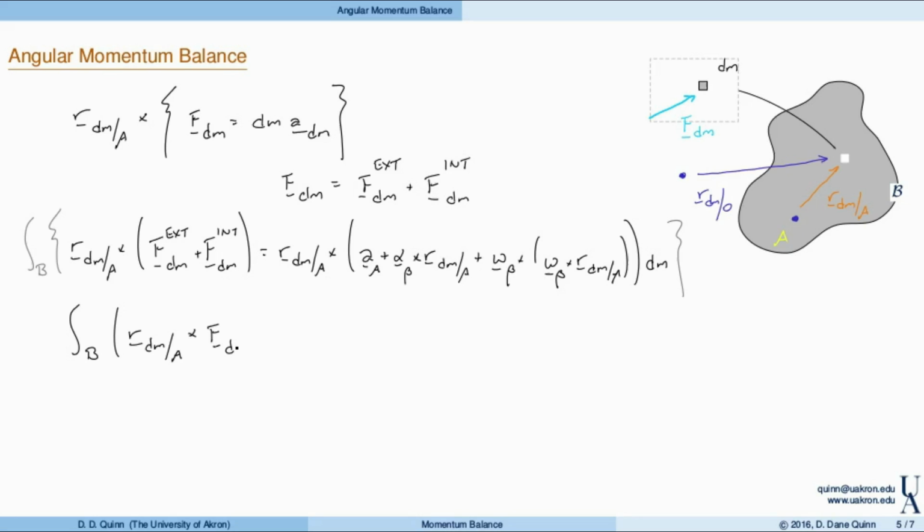So these are the sum of the moments about point A. Then the second part, r dm with respect to A, cross the internal forces, well, that represents the internal moments acting on the object about point A, and that we actually assume to vanish.